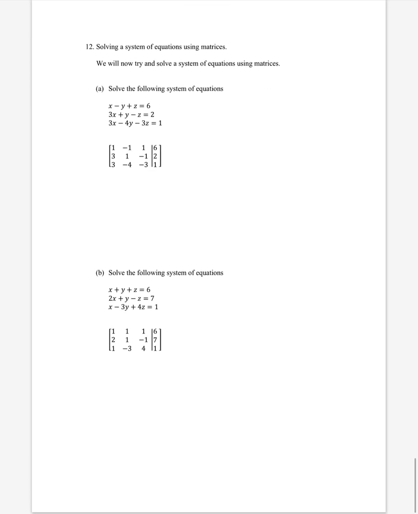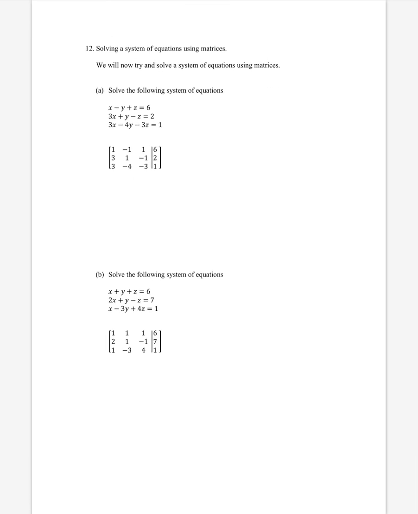Okay, so the last question is a bit of a challenge question, and it requires us to be able to solve a system of equations using matrices. So we need to take our system, put it into this form, and then go through a whole lot of steps to get it into reduced row echelon form, the form 1 with all the zeros, with some values for our answer.